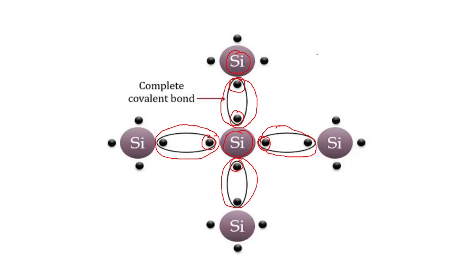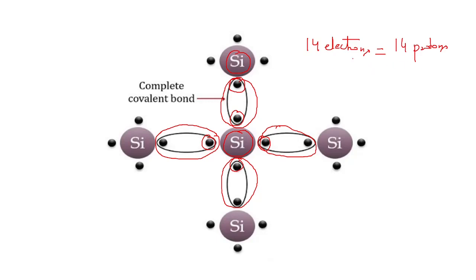Now every silicon atom here will have 14 orbiting electrons, and in that silicon atom we will also have 14 protons. Now electrons are negative charge particles and protons are positive charge particles.